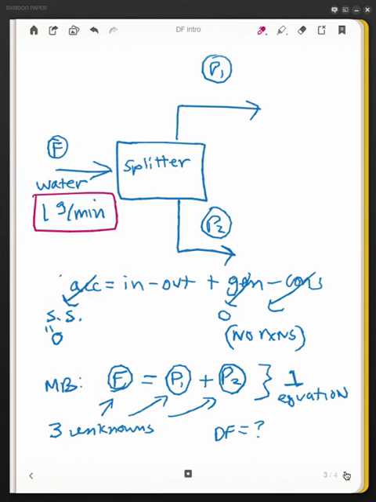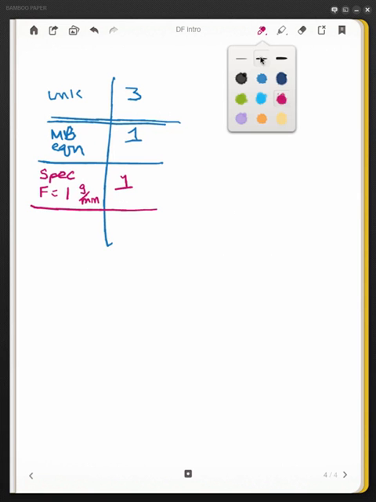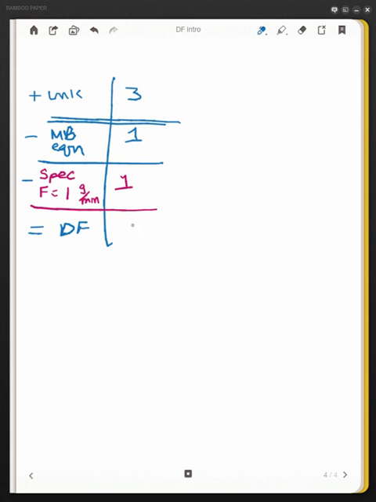So that's another known. So the specification that we have is that the flow rate of stream F is 1 gram per minute. So actually the degree of freedom for this problem is going to be 1.